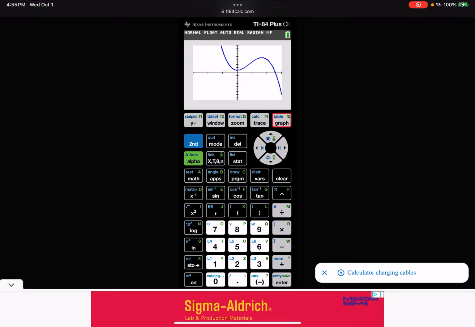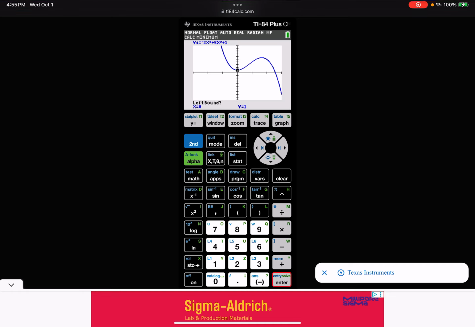So again, we're trying to find the local maximum and the local minimum. This function will not have an absolute maximum or minimum because the end points are going on forever. But to find these local max and min, you can hit second, trace, and then click on minimum.